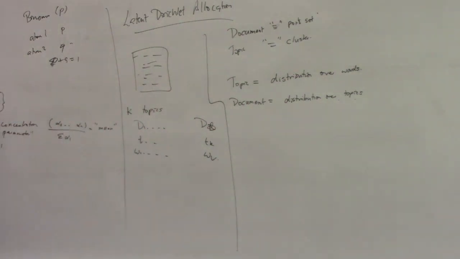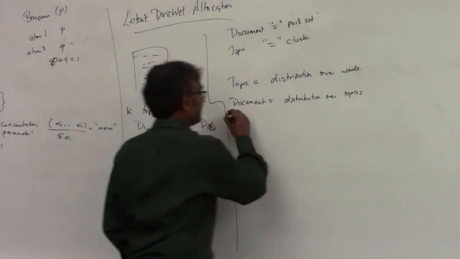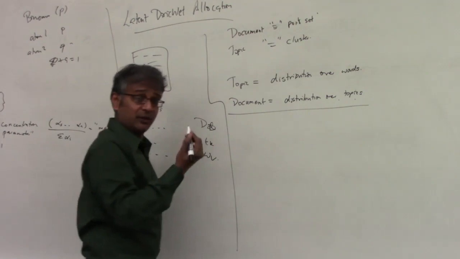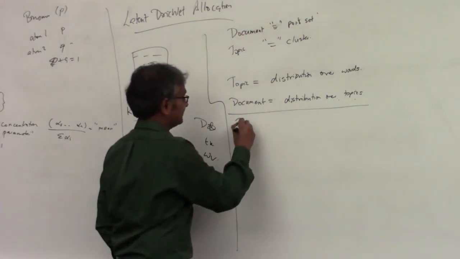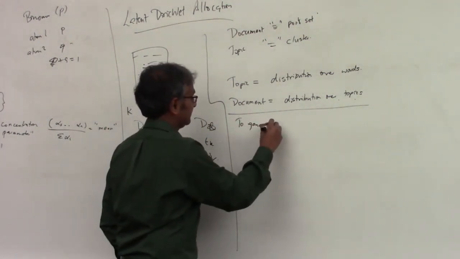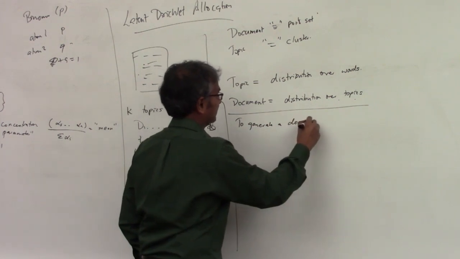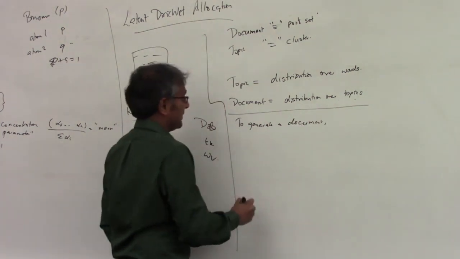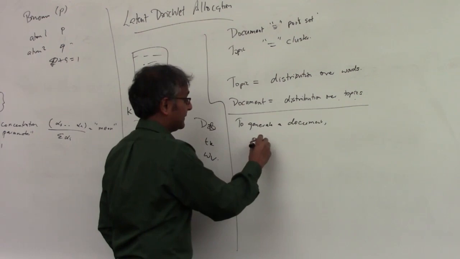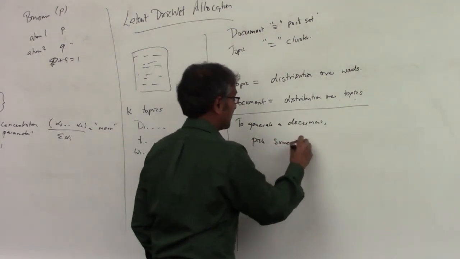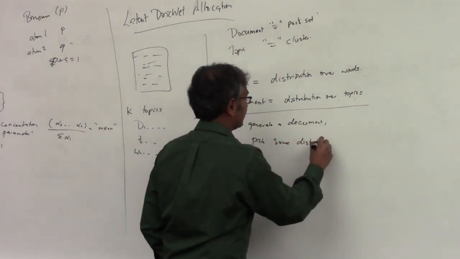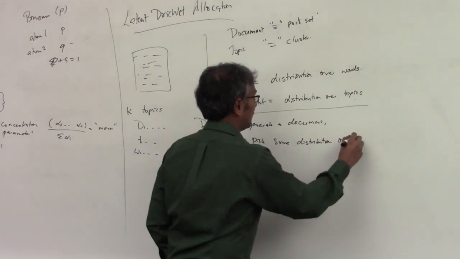Once you buy that, now I can talk about the process of generating an actual document. So to generate a document, first pick some distribution over topics.